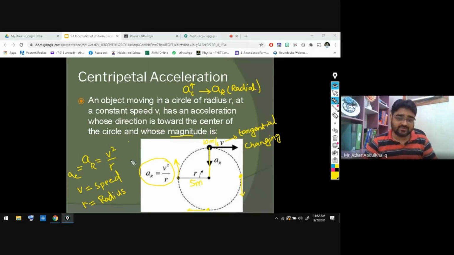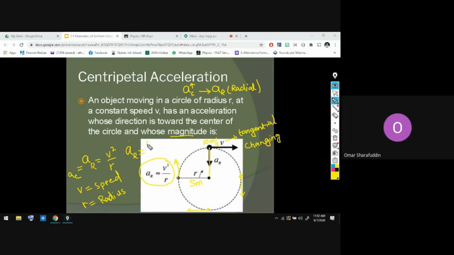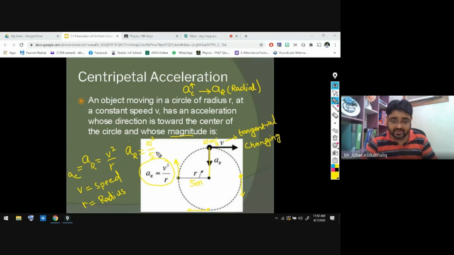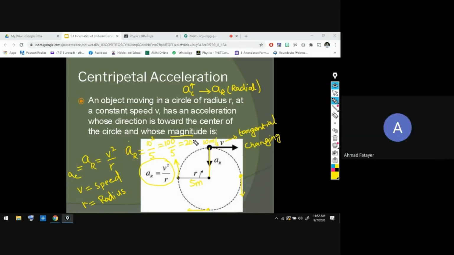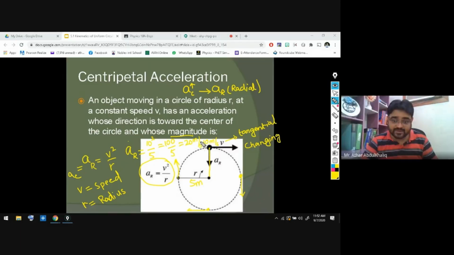Can anybody tell me the centripetal acceleration of this object? It is v squared over r. What is v? 10 meters per second. 10 squared becomes 100, over r which is 5, divided by 5. So what will be your answer? Equal to 20 meters per square second.